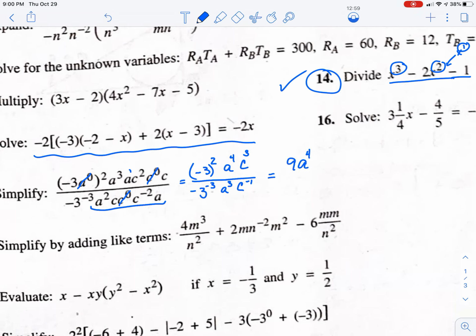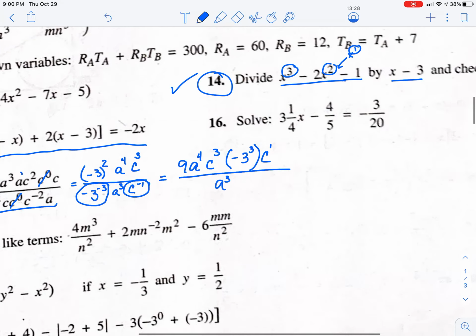So I have negative 3 squared. That's a 9, a to the fourth, c to the third. And now I'm going to bring it up here. I'm going to bring up negative 3 to the third power. Okay, so I moved this to the top. And I'm also going to bring this to the top, c to the first power, all over a to the third power. All right, so now let's see what I have.